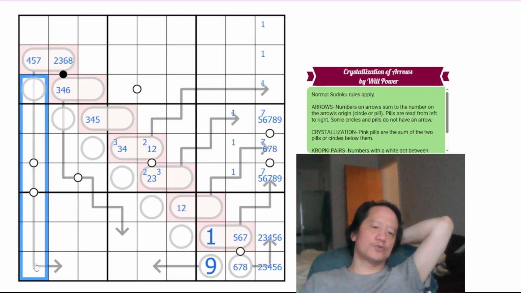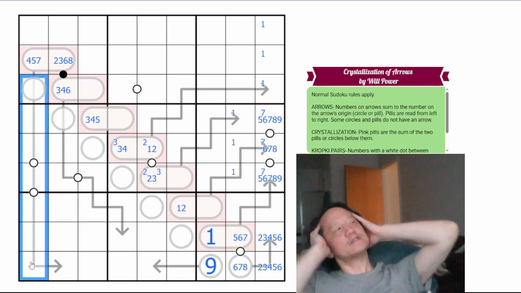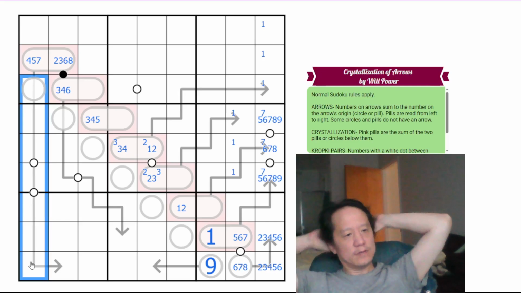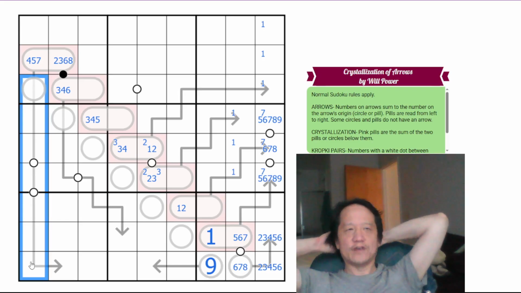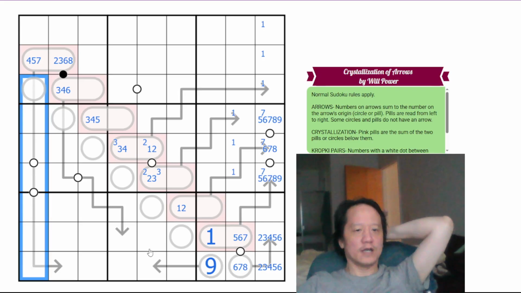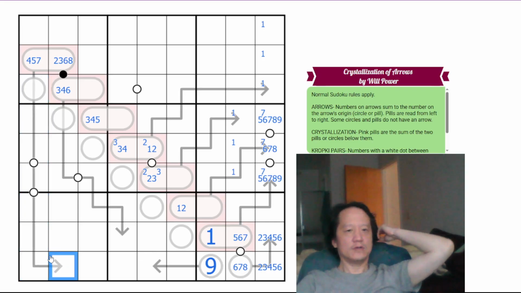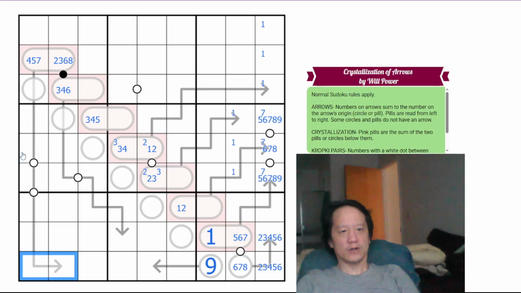So 2, 3, 5, 6, 7, 8, 9 is technically the largest. Sorry, 2, 3, 5, 6, 7, 8, 9. So it's 35, 40, 49 is the largest possible for this arrow.